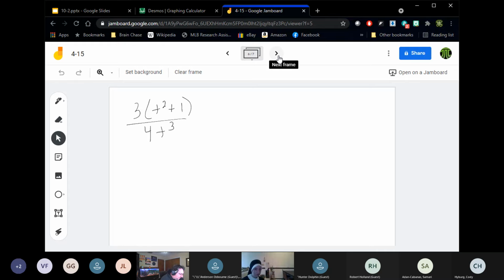All right. So basically, what we want to figure out is where it switches. So if we say where this is greater than 0, so we get 3t squared plus 1 is greater than 0.